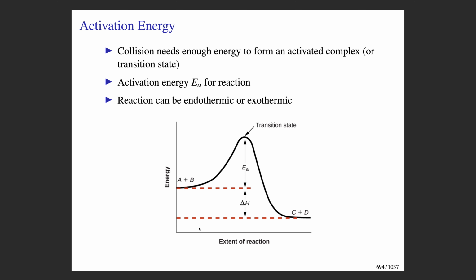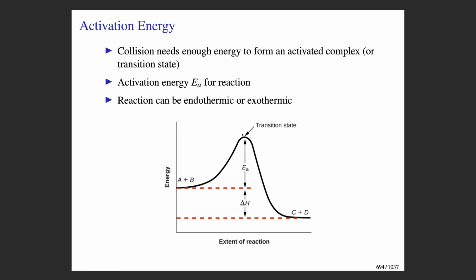The path that we're following, this reaction coordinate, is the minimum energy path that takes us from reactants to products. Very often there is a peak in the minimum energy path, and this peak is what we call the transition state of the reaction. It's a transient complex, sometimes called the activated complex, that is unstable.